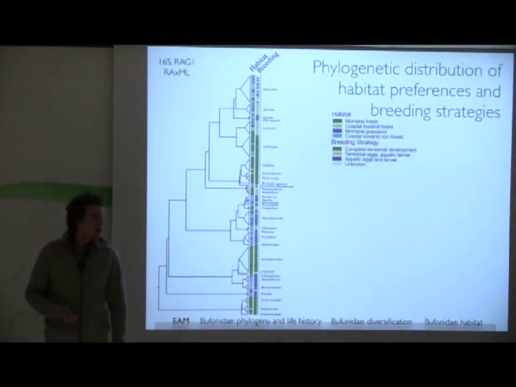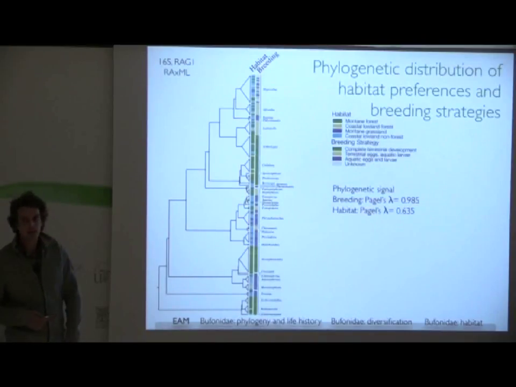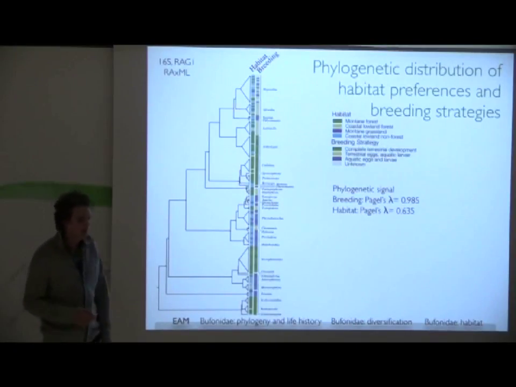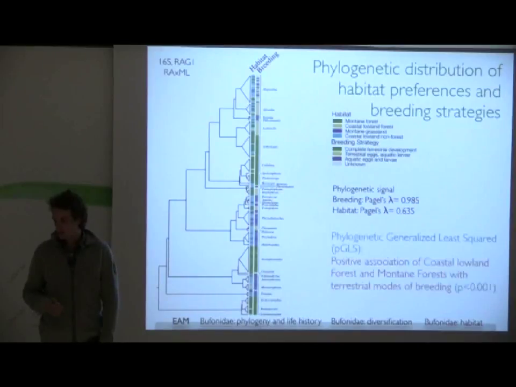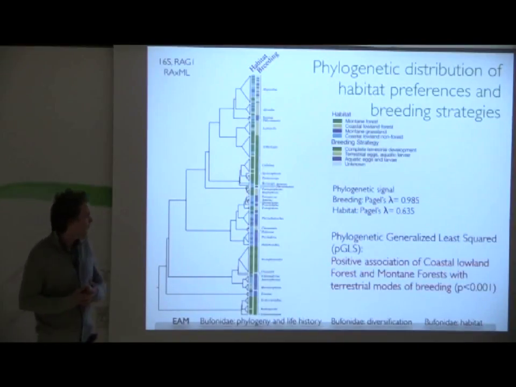We took those and we plotted them on our phylogeny, and what was instantly apparent is that especially breeding strategies were highly phylogenetically conserved. So there's really strong phylogenetic signal, especially in breeding biology. But nonetheless, even taking that phylogenetic non-independence into consideration, we found positive association of both coastal lowland forest and montane forest with terrestrial modes of reproduction.